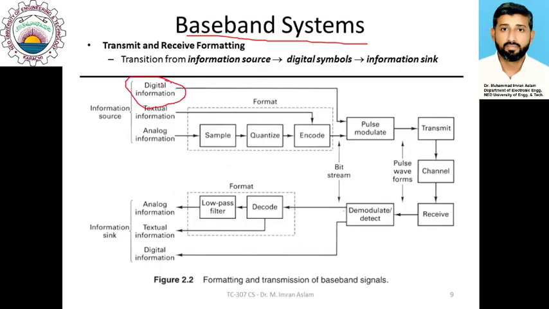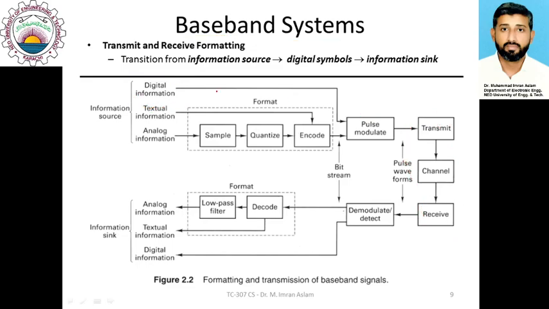If your information is already in digital form, for example the information coming directly out of computers, then that digital information can be directly sent to the pulse modulator, which generates the pulses corresponding to that digital information that can be transmitted over the channel.